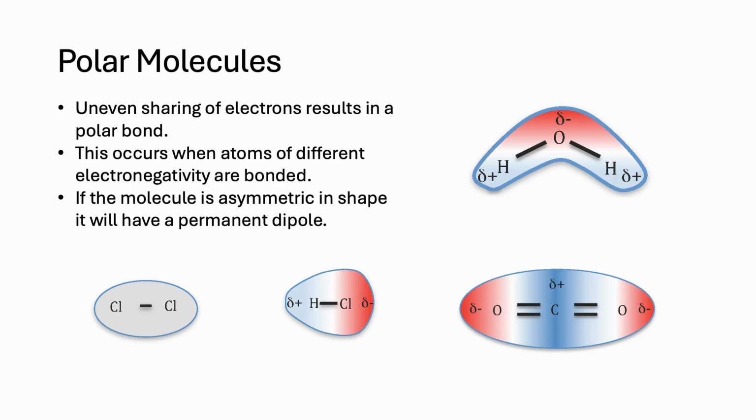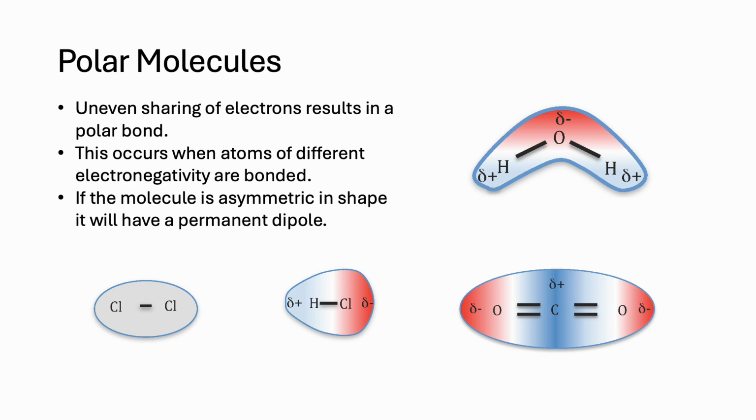Overall, the molecule remains uncharged, and this charge separation is very small compared to the charge on an ion. However, it results in what we call a polar bond, and in this case, we say the molecule is polar and has a dipole. Not all molecules that contain polar bonds possess a dipole.